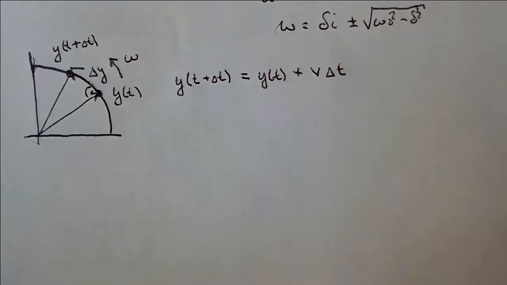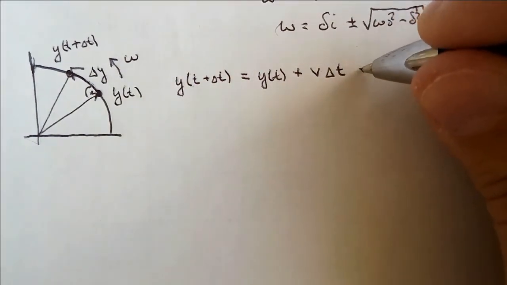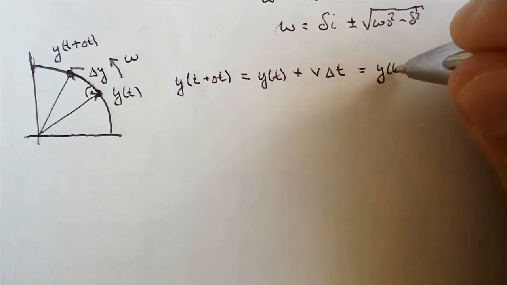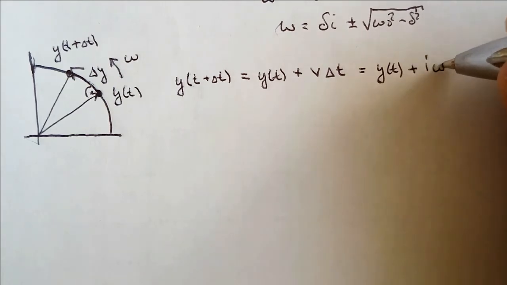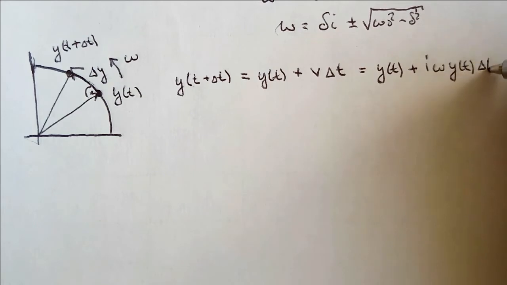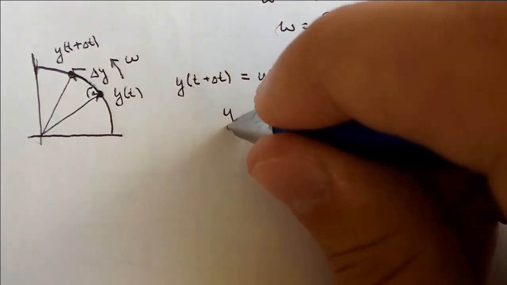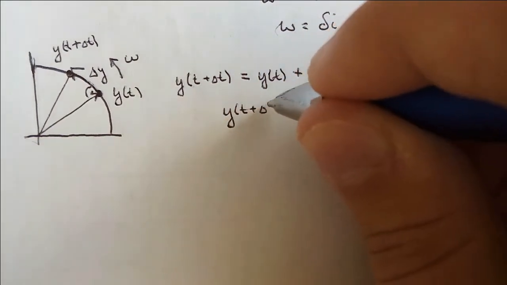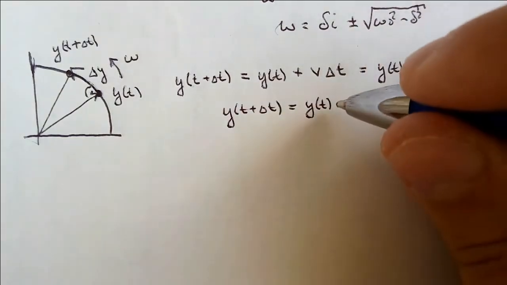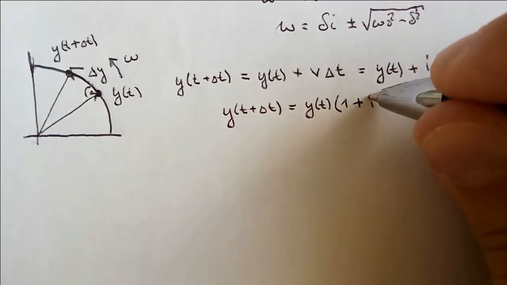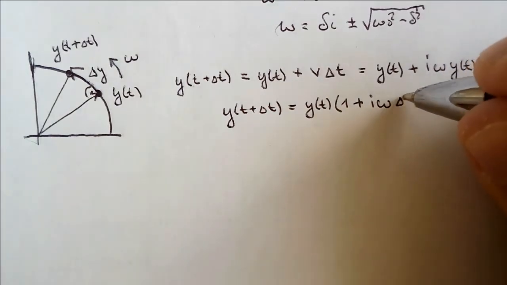This is just regular mechanics. And v is what? From the previous chapters, v is i omega y(t). So y(t plus delta t) is equal to y(t) times 1 plus i omega delta t.